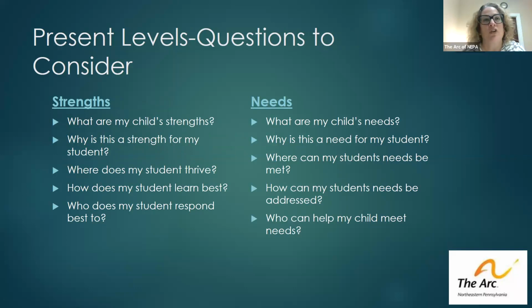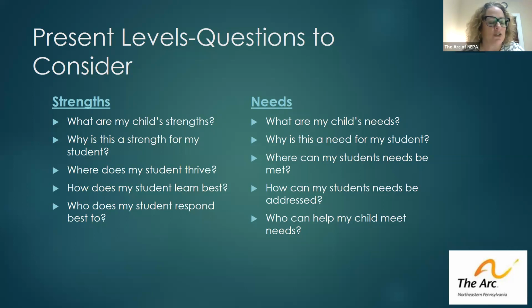It could be they have strength in letter identification and their reading skills are really strong. Or they're social and they like to go to activities and be involved. So just think outside of not just the ABCs, 1, 2, 3s, but your child as a whole person, what their strengths are, because you really want to build on their strengths in the IEP, and that could help develop some of the needs.